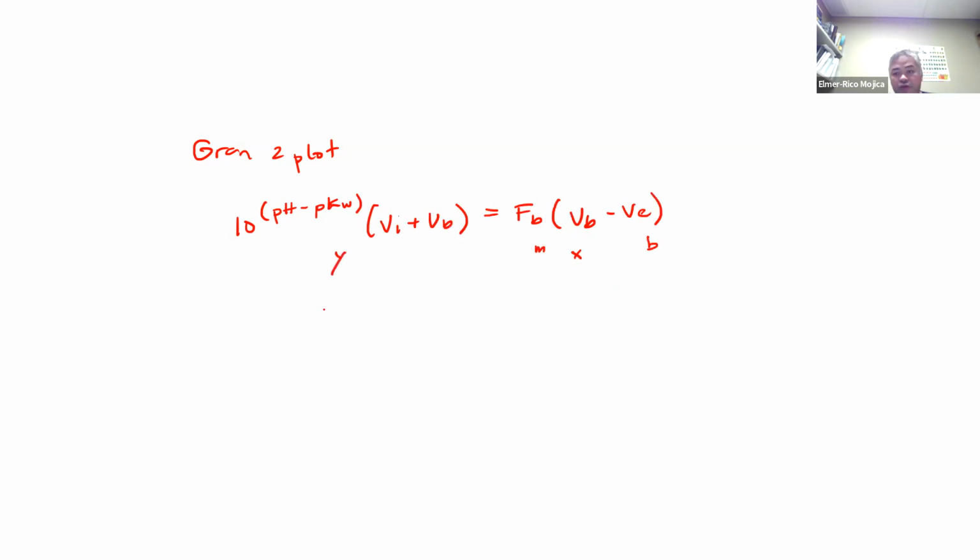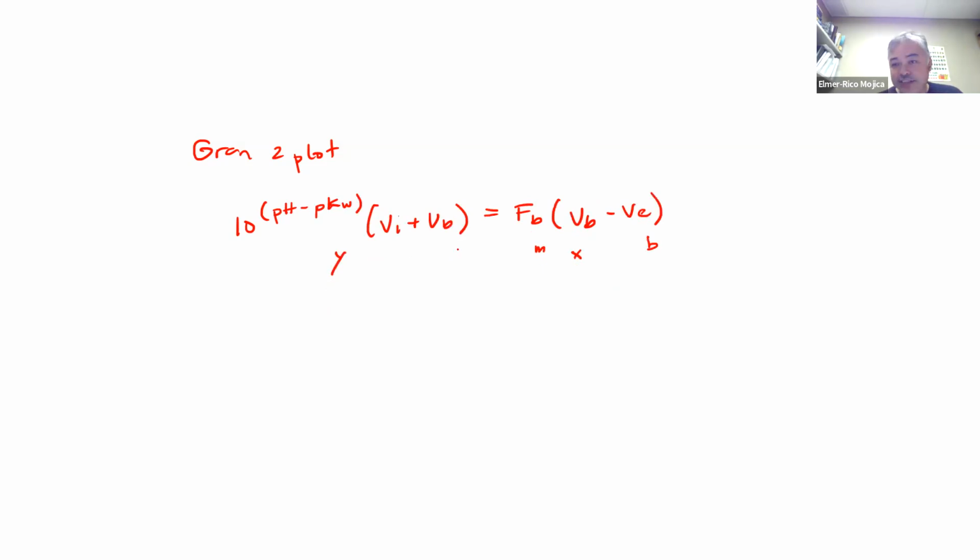So it's 10 raised to the pH minus pKW times BI plus BB, over the formality of your base times BB minus BE. This is your y, this is your y-intercept, this is your slope, and this is your x.